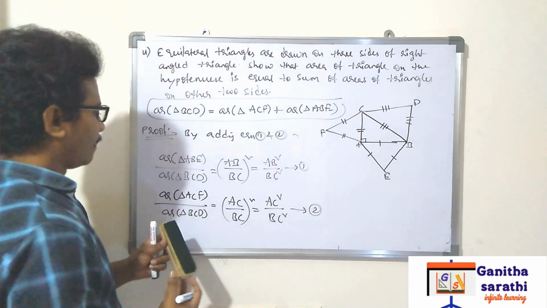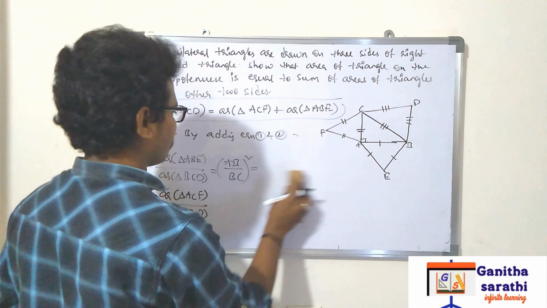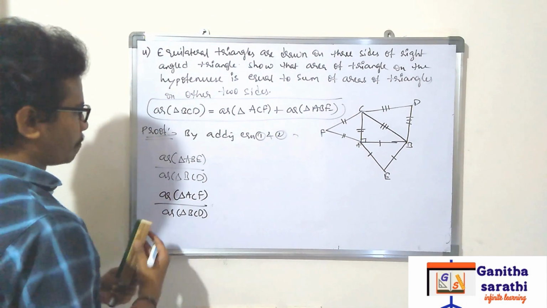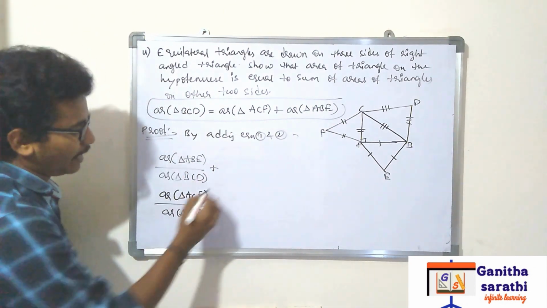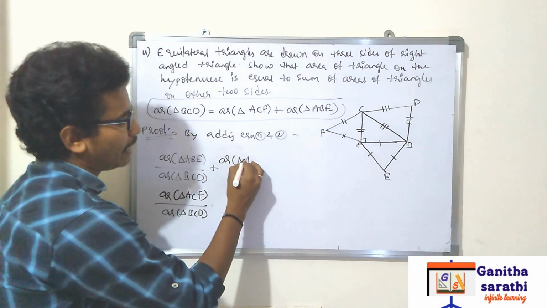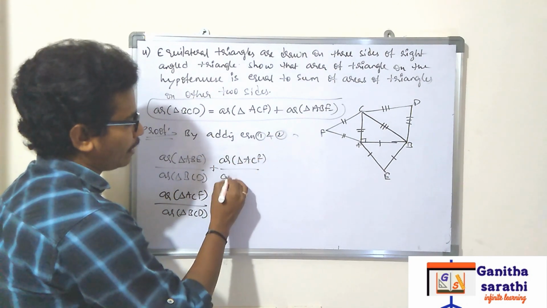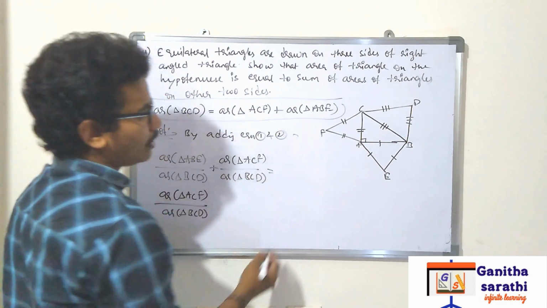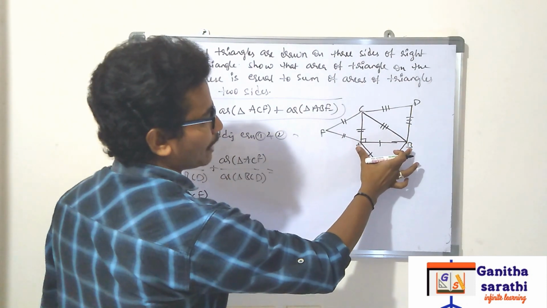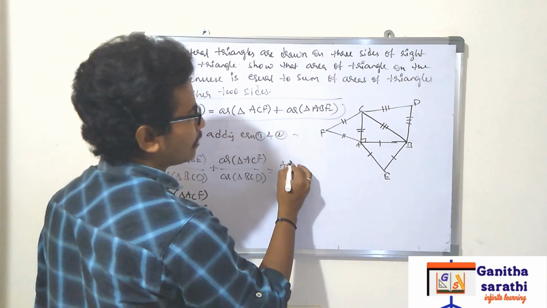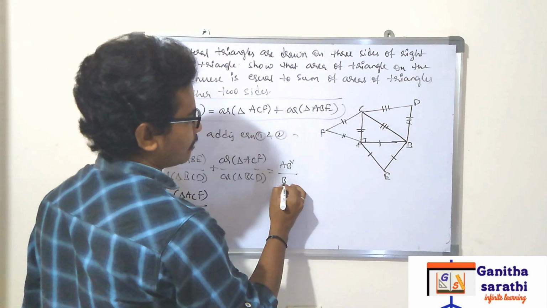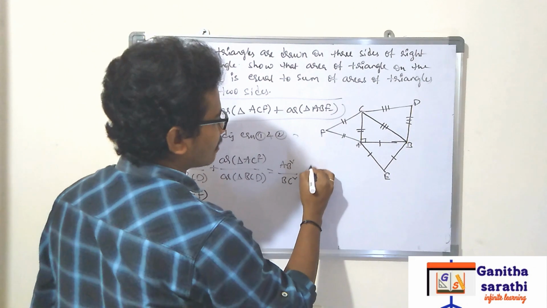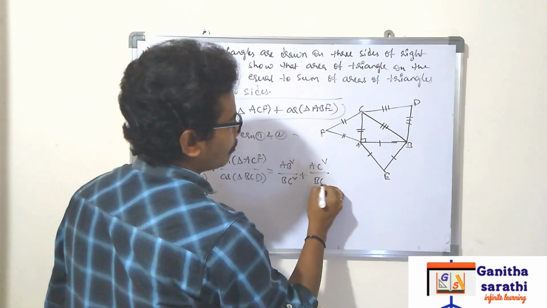See here: area of triangle ABE by area of triangle BCD, plus the second equation, area of triangle ACF by area of triangle BCD, is equal to AB square by BC square plus AC square by BC square.